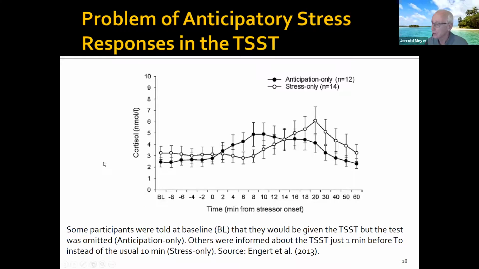One of the problems with any laboratory stress test, whether it's Trier or any other, is what we would call anticipatory stress responses. Think about the fact that you're disrupting the person's normal routine. They have to come into your lab. They know you're going to do something to them. You may not have disclosed exactly what it's going to be.